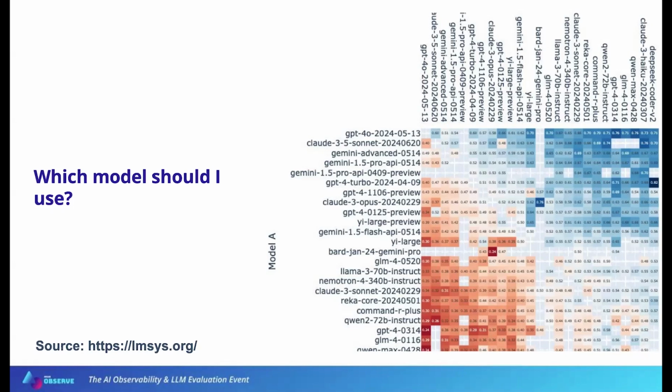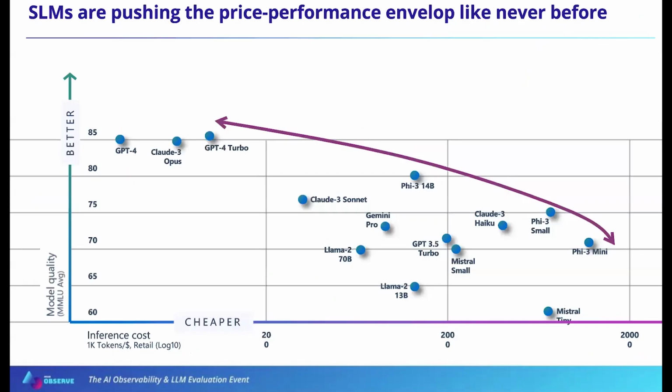And also, you may have some models that don't excel in every capability. They are really good at something very particular. So how can you make sense of all of those scenarios? And even if you consider the latest innovations in small language models, these models that may not excel at every task are really compelling for the price that they give.